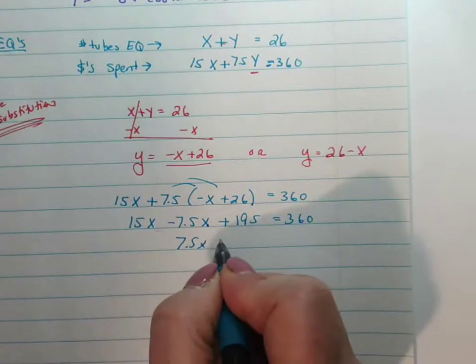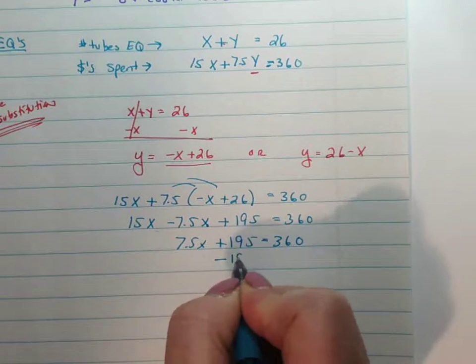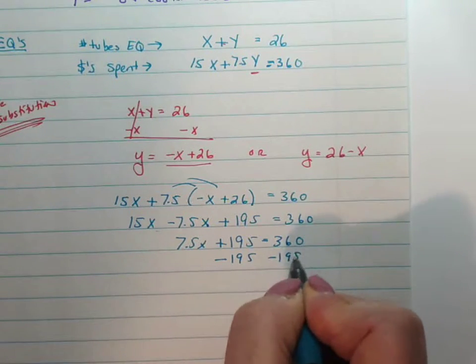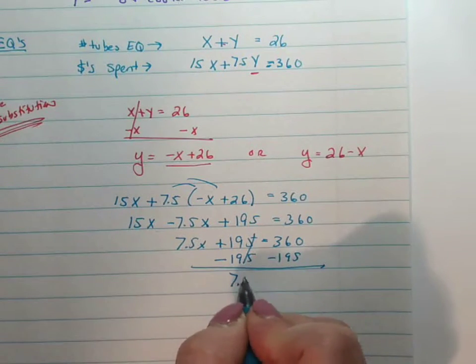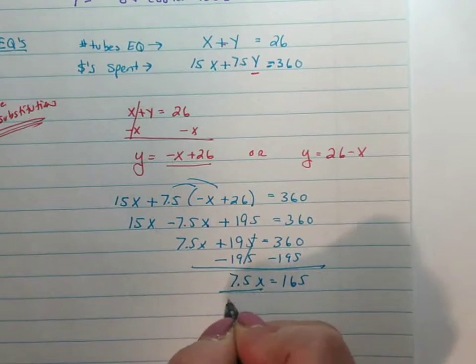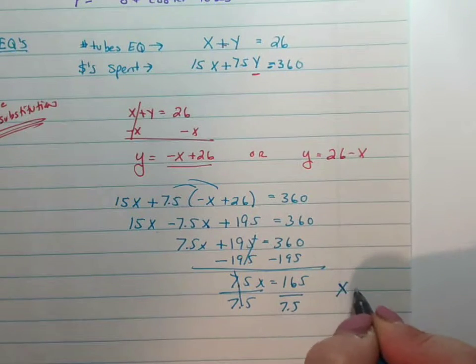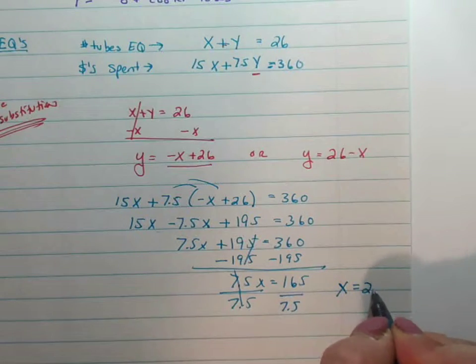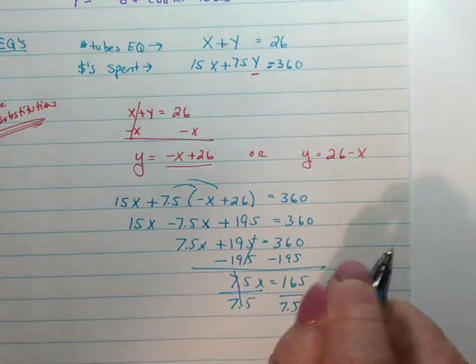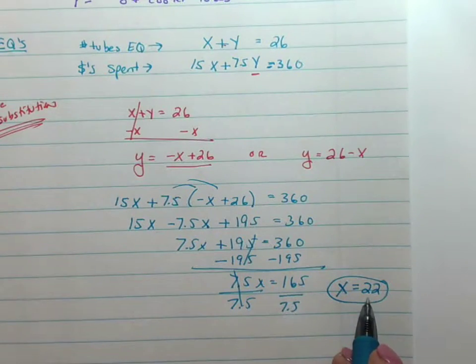Combine like terms: 7.5x plus 195 equals 360. Subtract 195. 7.5x is equal to 165. Divide by 7.5. And we get x is equal to 22. Now, we would expect that there will not be any fractions because you cannot have part of a tube. So we have 22 tubes for the people.